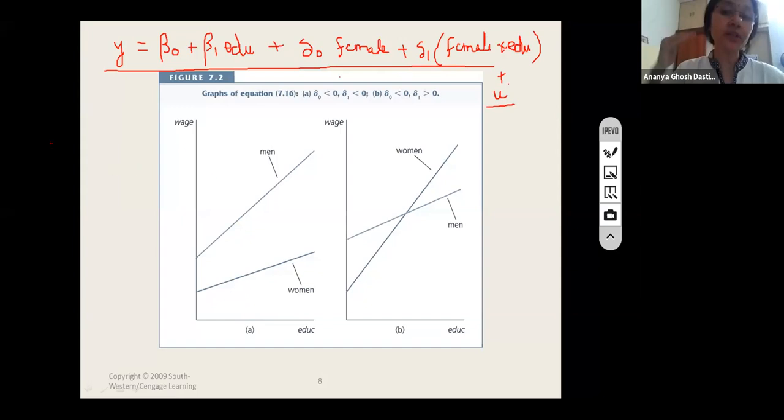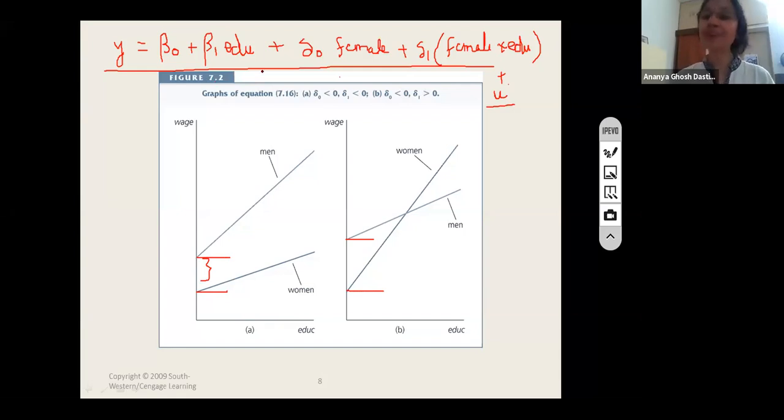Using this data set, if you want to separately estimate a regression line for men and women, which are completely separate lines, the lines have different intercepts and very different slopes, as in these cases, then what will you have to do?